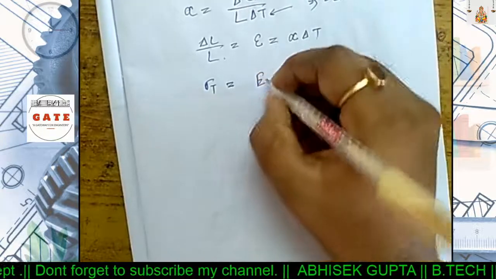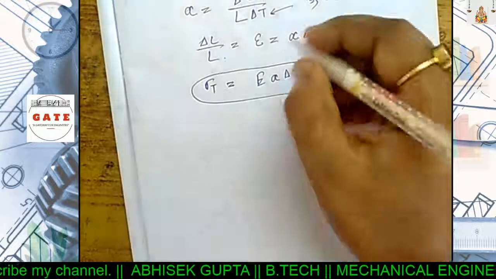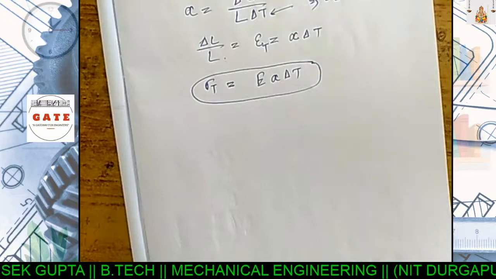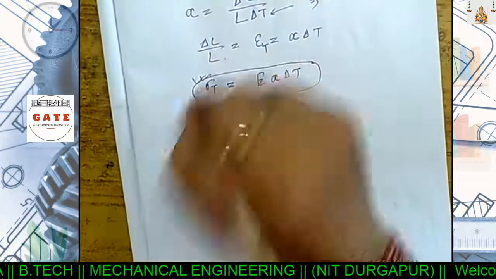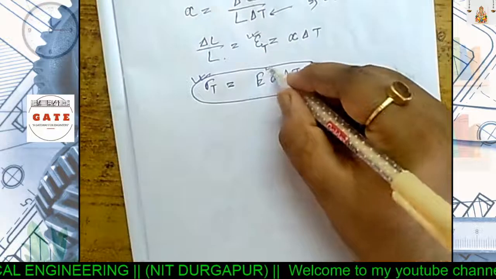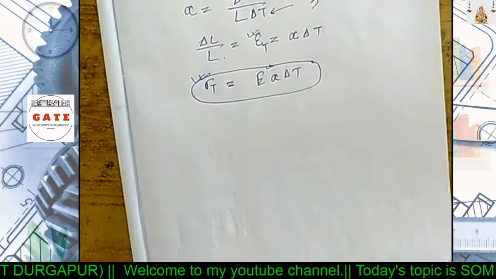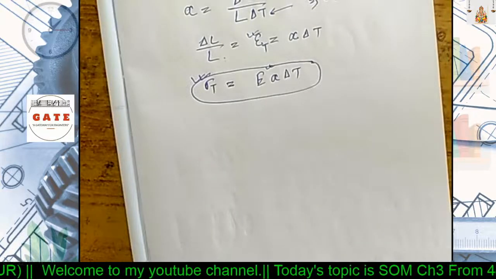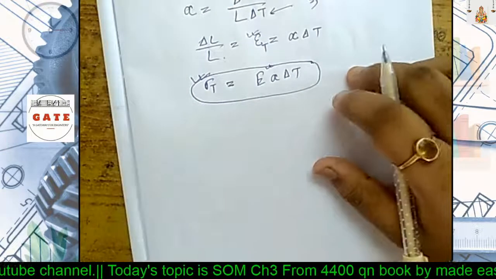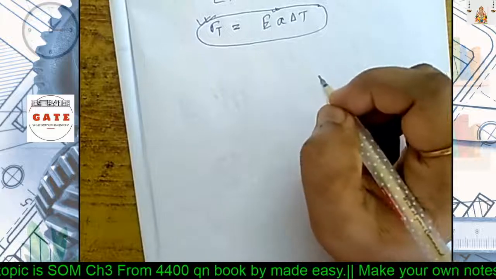So epsilon alpha delta T will be the stress due to rise or fall in temperature, and this is the Young's modulus of the material on which temperature is applied. So thermal stress means when temperature is applied to the material, it will elongate or compress depending on the situations it is going through.